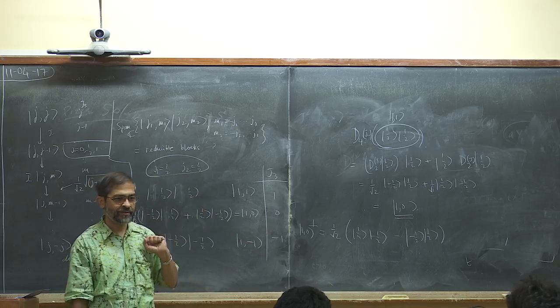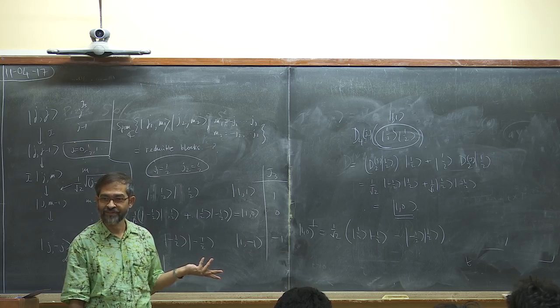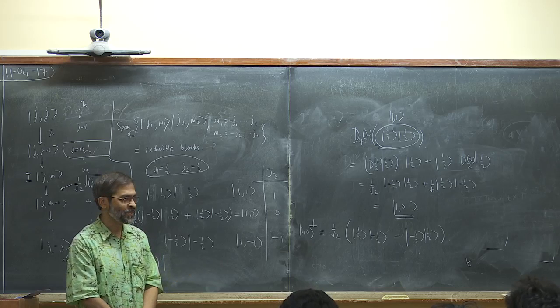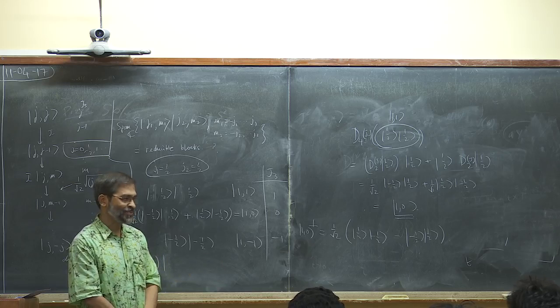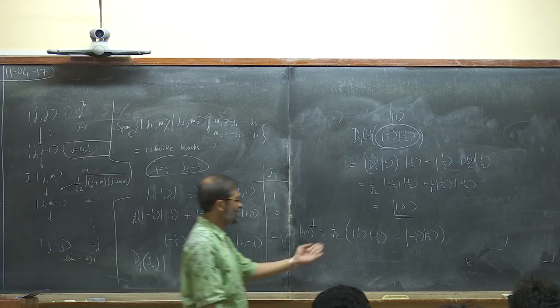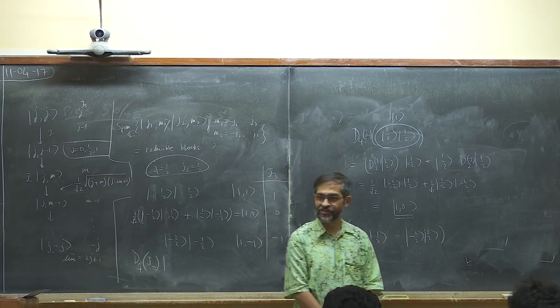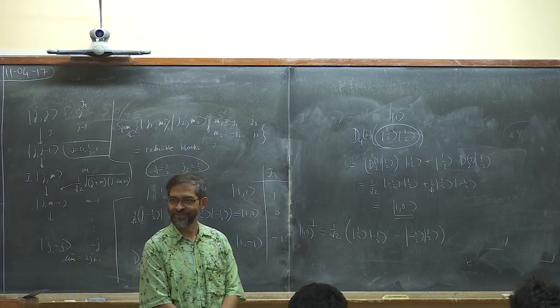This is what? How do I identify what this is? I can act by j plus on this, I'll get 0. I can act by j minus on this, I'll get 0. Is that clear?